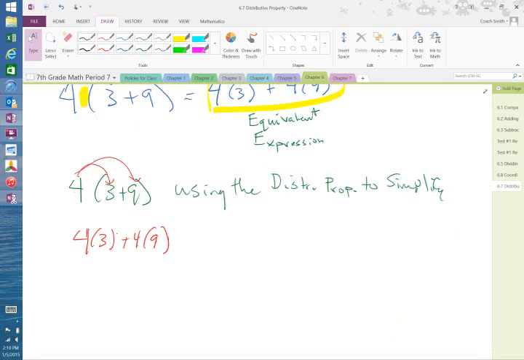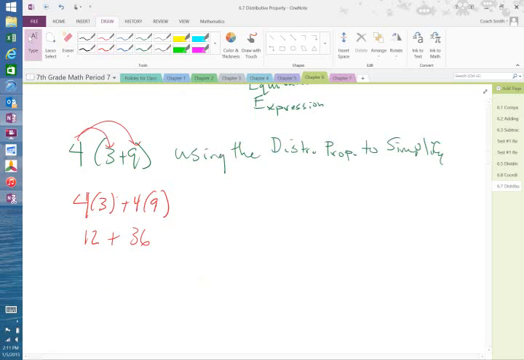Then I'm going to actually simplify it to its lowest terms. So that's 4 times 3, which is 12, plus 4 times 9, which is 36. 12 plus 36 is what? Not everybody at once. What? 48. So that's using the distributive property to simplify the expression.